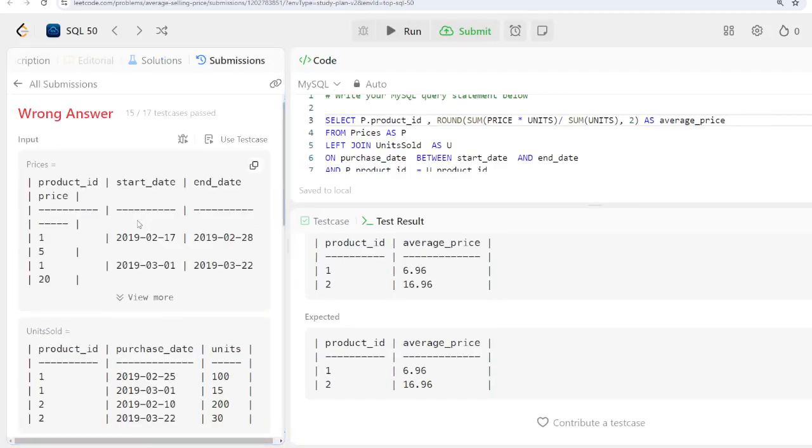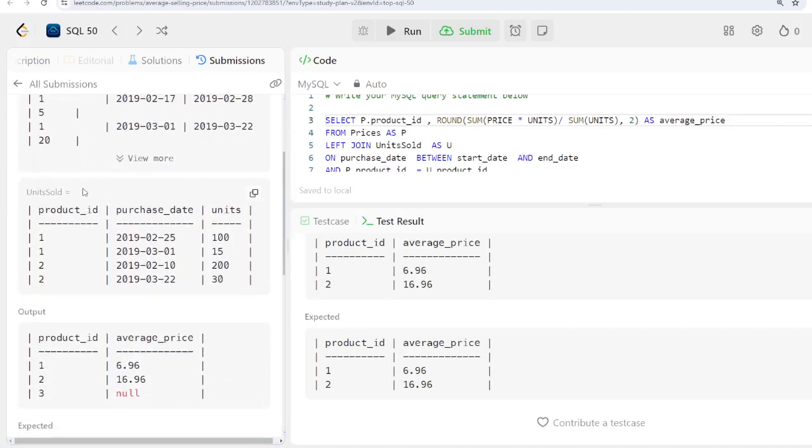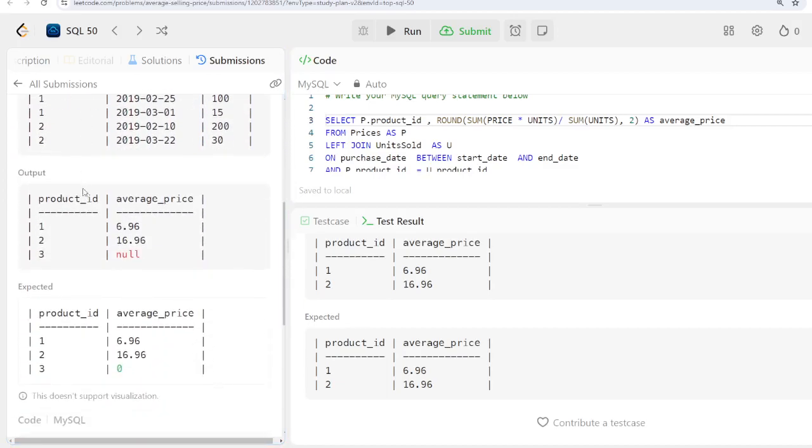It's a wrong answer. Why is it so? Okay, so here we are getting this 3 and this null. So instead of null I have to give it 0. So what we can do, if the price is null, we can use 0 instead of null. So we can use the IFNULL function.